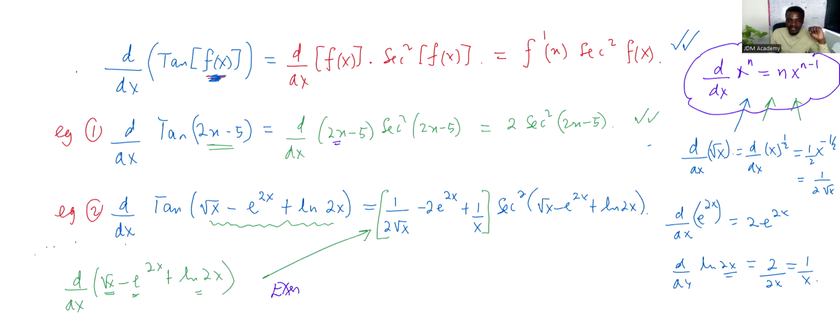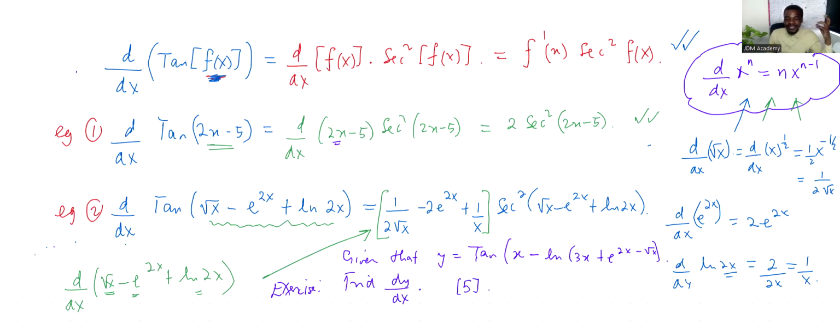Given that y is equivalent to tan of tan of x minus ln of 3x plus e to the power of 2x minus root x, I want you to find dy dx in this case. Find dy dx. This one, I'm marking it out of 5.